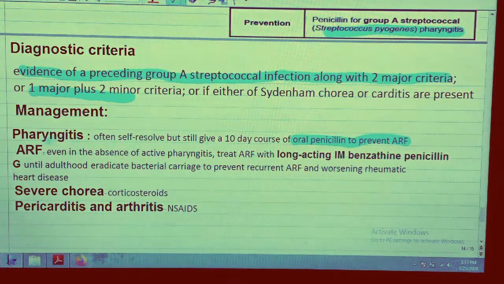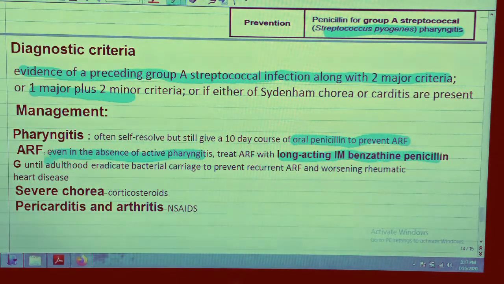If acute rheumatic fever is present, even in the absence of active pharyngitis, treat with long-acting benzathine penicillin G through the intramuscular route.